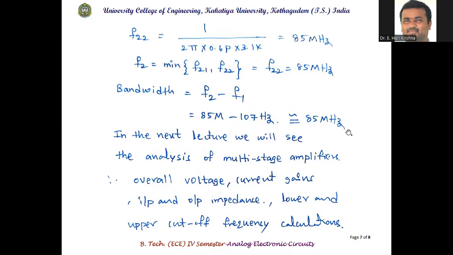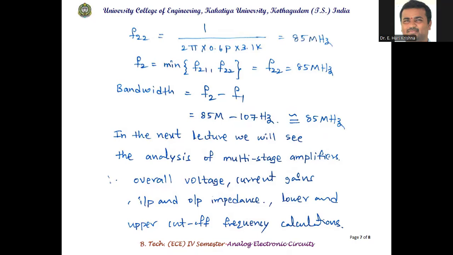So that's all. The week 1, 2, 3 lectures correspond to the single stage FET RC coupled amplifier and single stage BJT RC coupled amplifier, and the calculation of their bandwidth. In the next lecture, we'll see the analysis of multi-stage amplifiers.